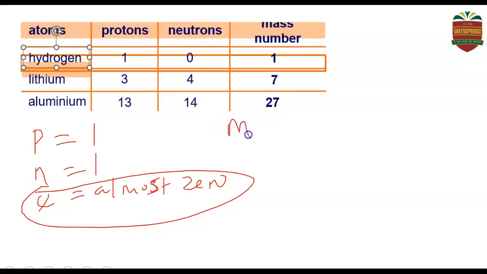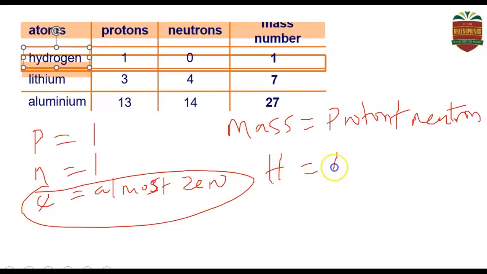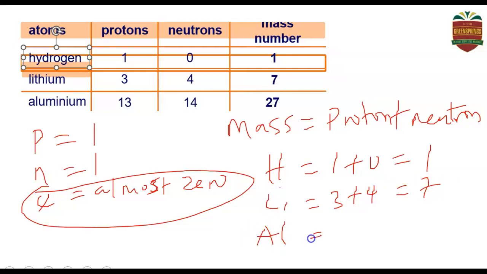But mass is proton plus neutron. So for hydrogen, that is 1 plus 0, you get 1. For lithium, you have 3 plus 4, then you get 7. And for aluminium, you have 13 plus 14, and you get 27.